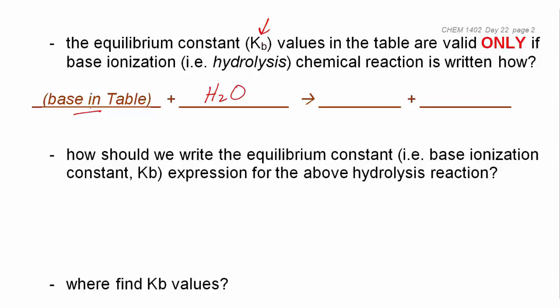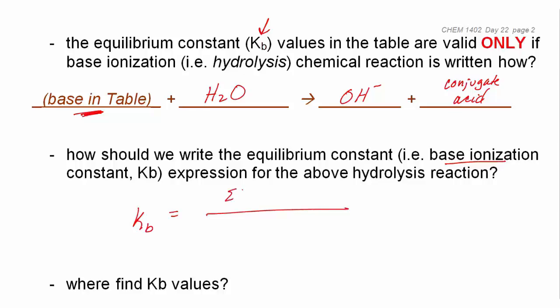So you look up the base in the table, the other reactant is water, and you get hydroxide, because it's a weak base, and then you get the conjugate acid of that weak base. So how do you write the equilibrium constant, or the Kb expression? There's always products over reactants.